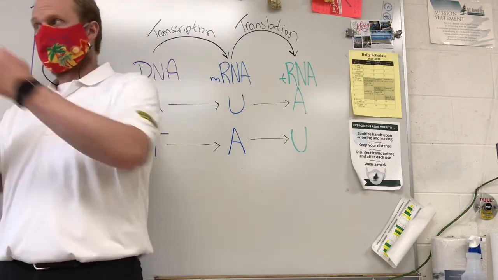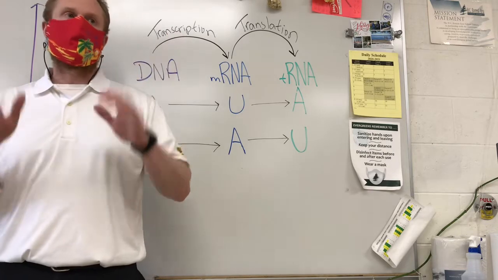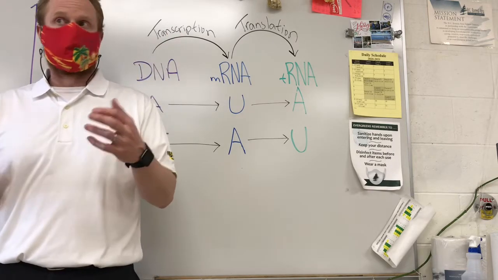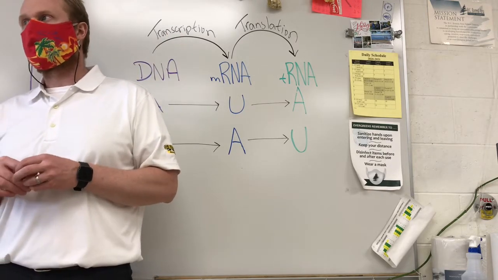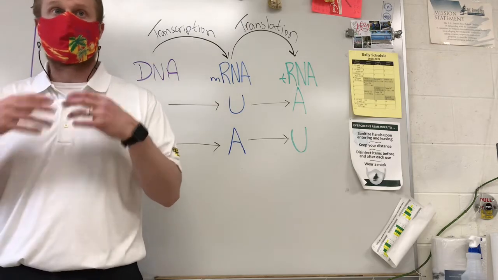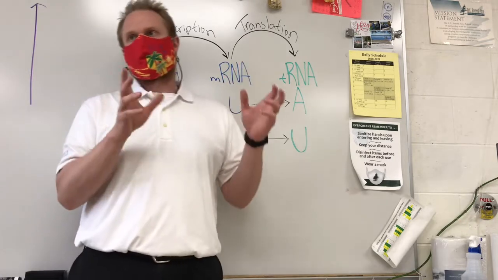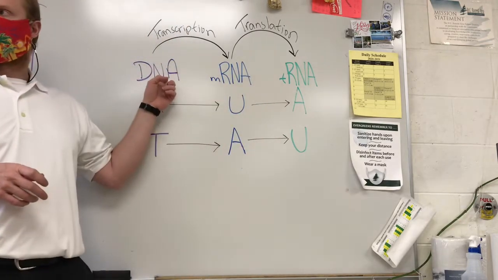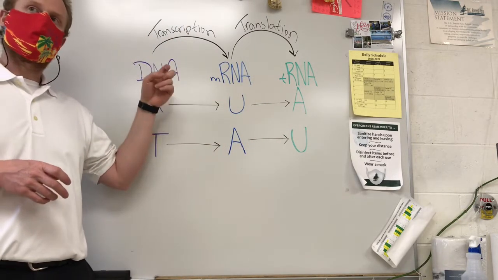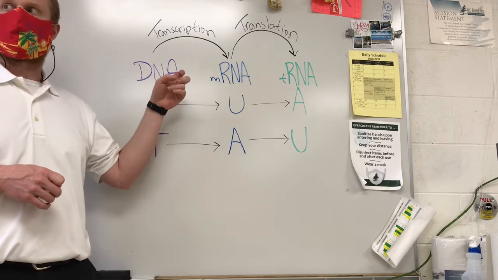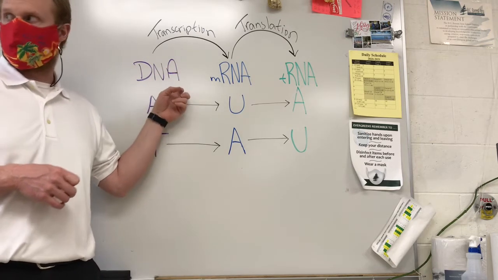The library is the nucleus. There's a copy of a recipe book that you want to make cookies from. However, the librarian won't let you take the book out of the library. Remember, the library is the nucleus. The copy of the recipe book is your DNA. The DNA never leaves the nucleus, just like that recipe book can't leave the library.